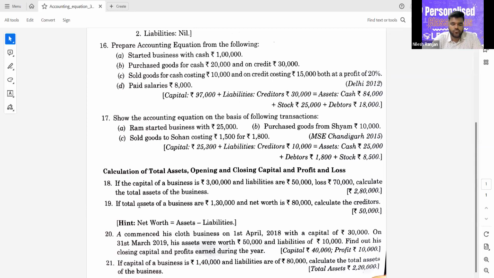On the cash side, for cash costing 10,000, and on credit costing 15,000. Okay, sir. On the cash side, it is 12,000, and on the debtor side, it is 18,000. That's it.